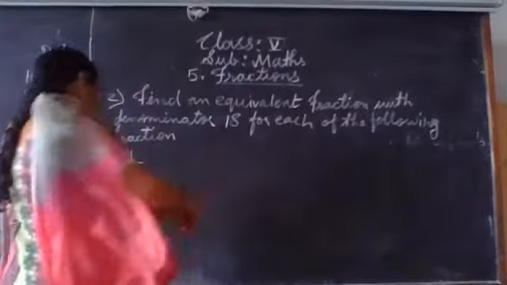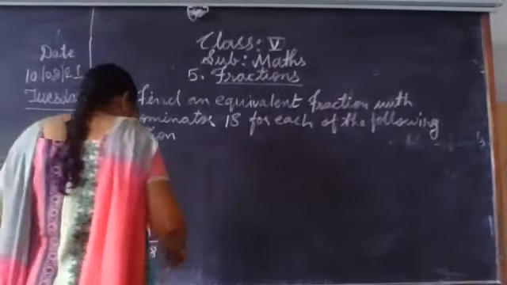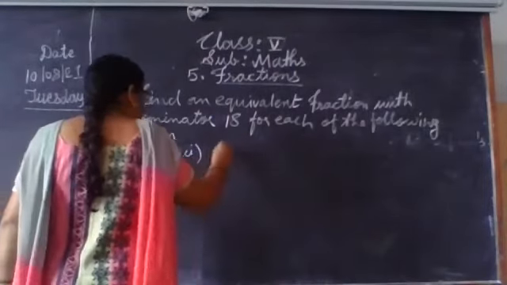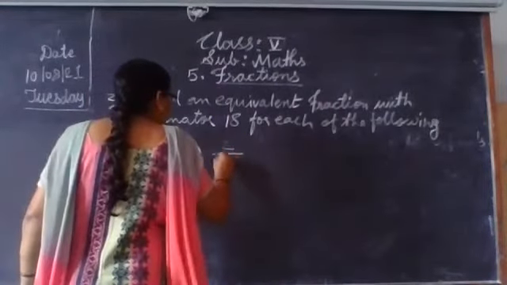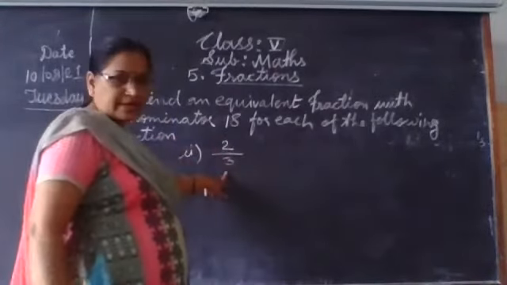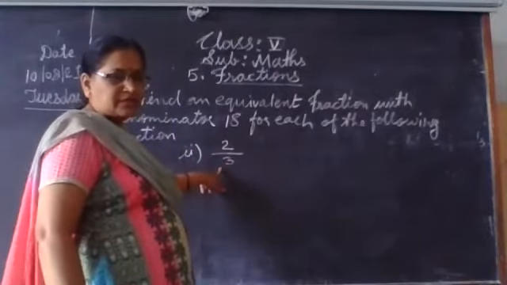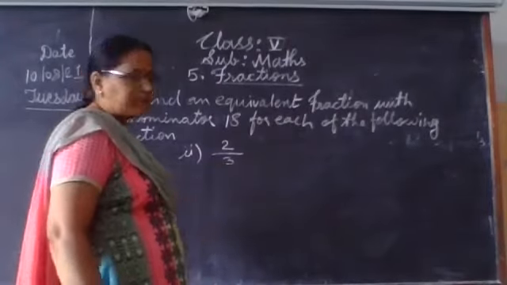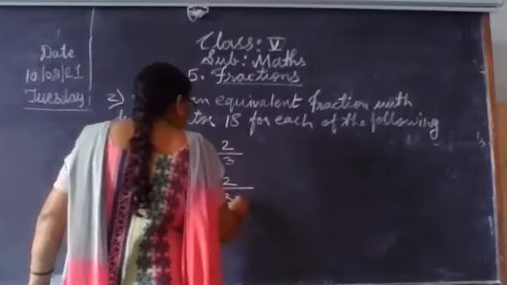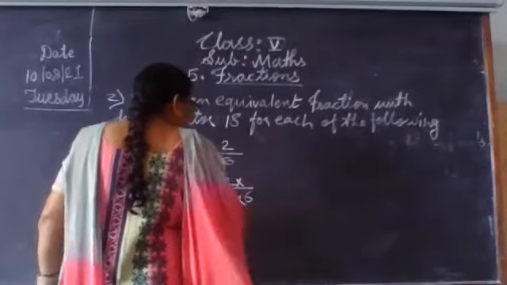Now let us see another question. Upon 3. Denominator should be 18. So to make this 3 into 18, we have to multiply this 3 by 6.